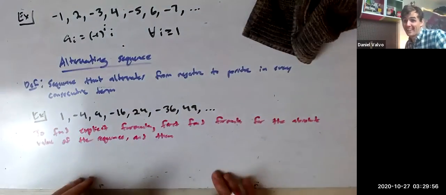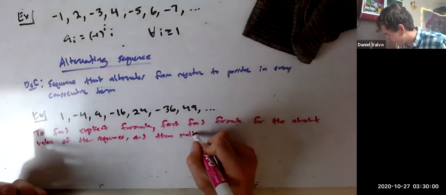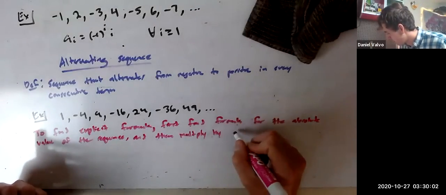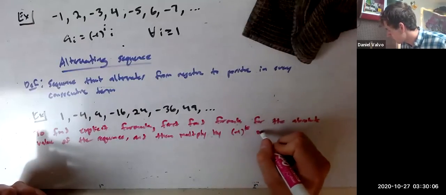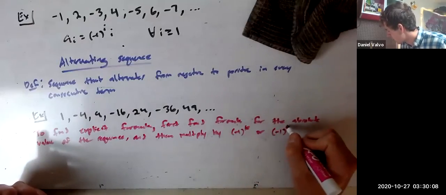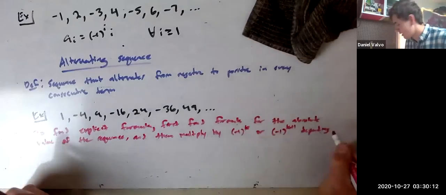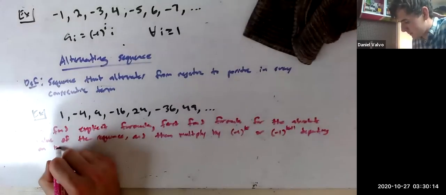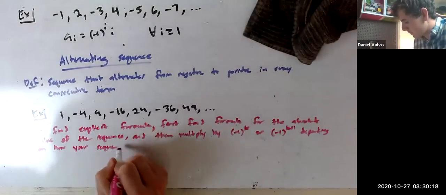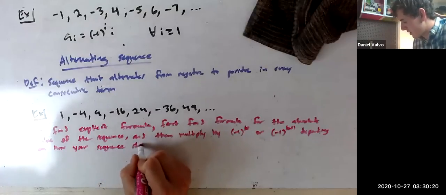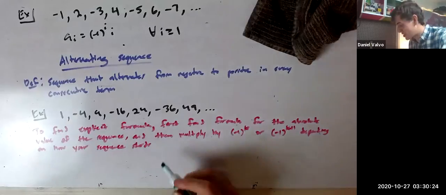And then, here's the fun part, here's what makes it alternating. Multiply by negative 1 to the k, or negative 1 to the k plus 1, depending on how your sequence starts. And I'll write here, no shame in guess and check.